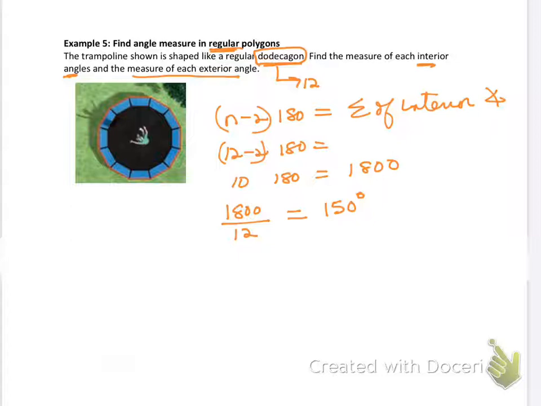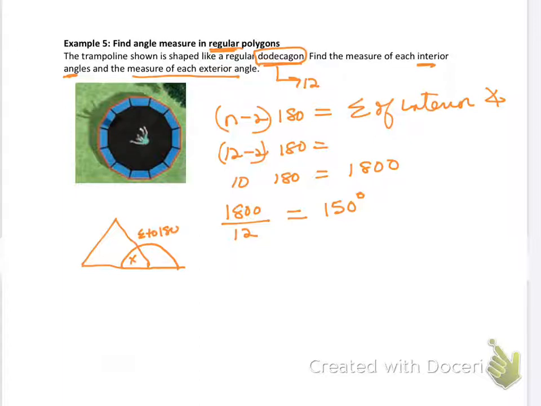How does this relate to the exterior angles? We haven't talked about this, so I'm going to talk about this with a triangle because that's a little bit easier to draw than a dodecagon. So do you see how this would be an interior angle? So notice that the interior angle and the exterior angle are on a line. If they're on a line, they have to sum to 180.